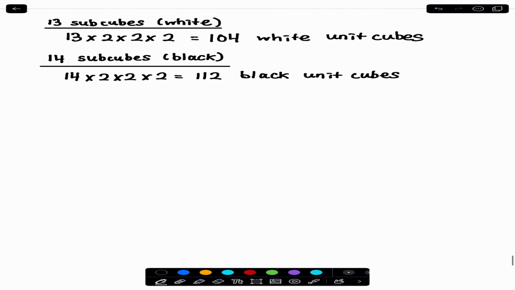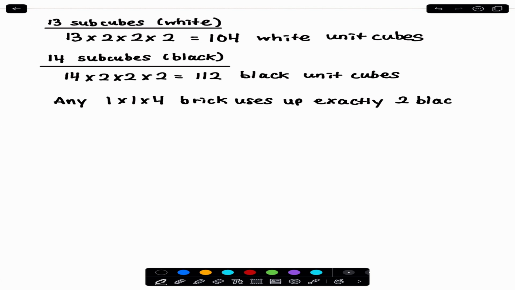And notice that any 1 by 1 by 4 brick uses up exactly 2 black and 2 white unit cubes.